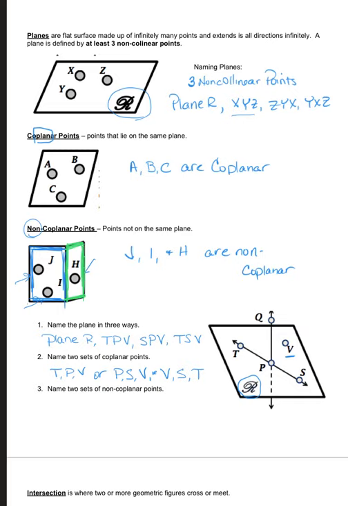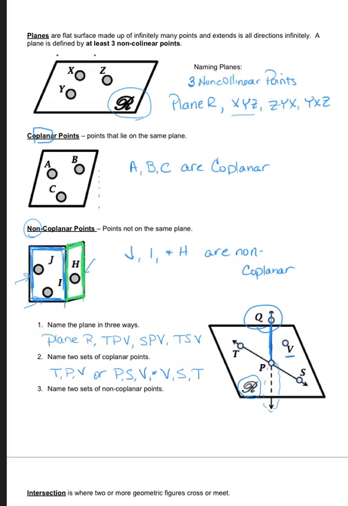And the last set says name 2 sets of non-coplanar points. So here's where I want to point out, do you see this dotted line right down here? What that's telling you is this line that starts at Q and goes through P and becomes dotted is actually going through the plane. So it would be like a pole that's going through the table. So Q is not on the plane.